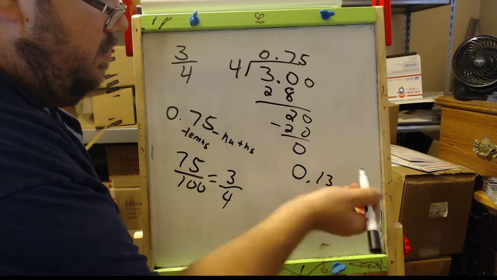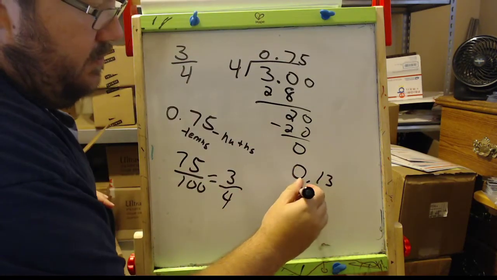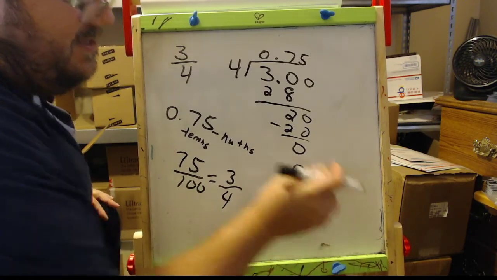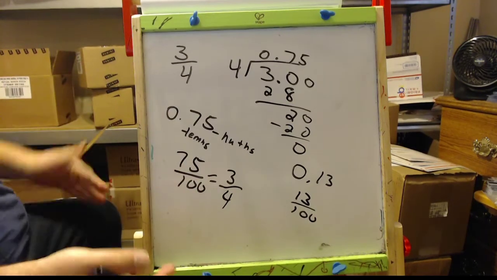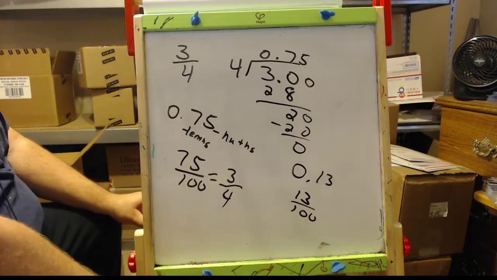What about something like 0.13, like that? What is that? Well, tenths, hundredths. So take your number, 13, and put it over whatever the last spot is on your decimal. That's 13 100ths. There's no number that goes into both besides 1, all right, equally. So 13 100ths is where it stays.